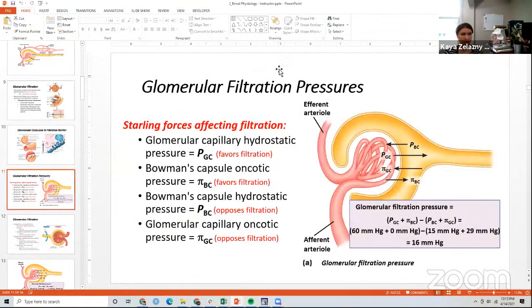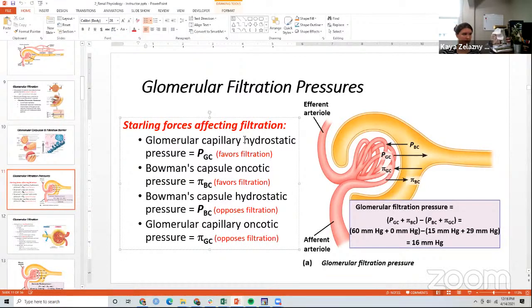The filtration pressures are very similar to the forces we talked about when we covered net filtration pressures in normal capillaries. The glomerulus is a system of capillaries. Whether you really remember the normal capillaries and the filtration pressure there, I know that was a tricky topic for some people in our previous unit. If you did, we can directly relate this.